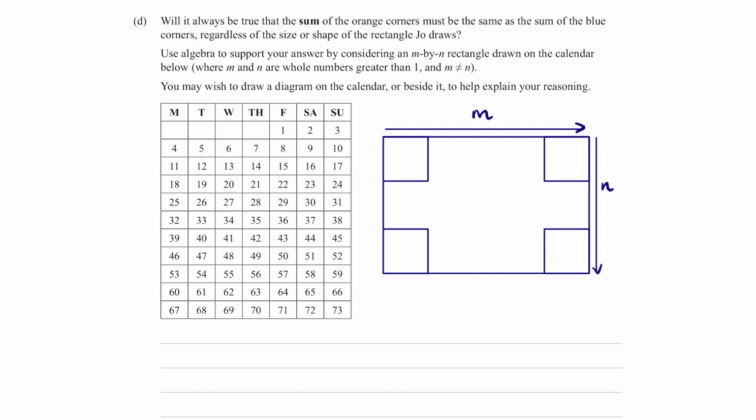So the first thing we're going to do is use the same technique as they did by defining that the top left-hand corner must be some variable a. So I think the easiest way is if we just draw a random 3 by 3 in the calendar, this will allow us to generalize to an n by n, right?